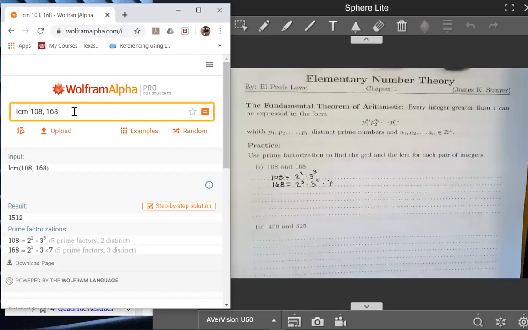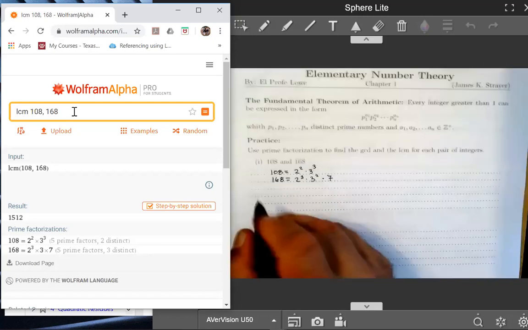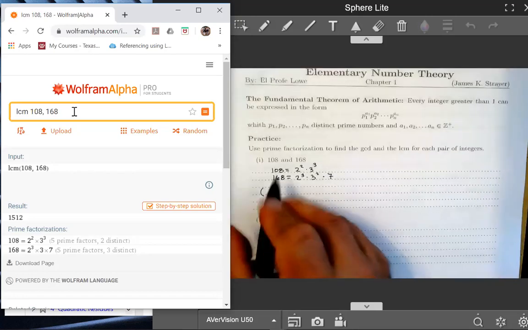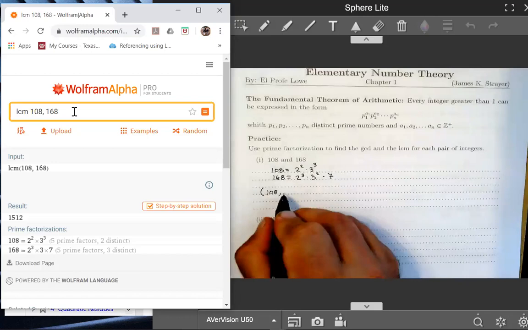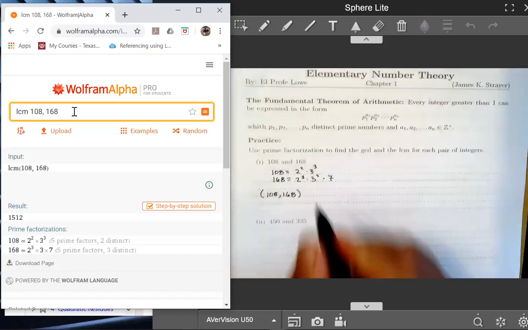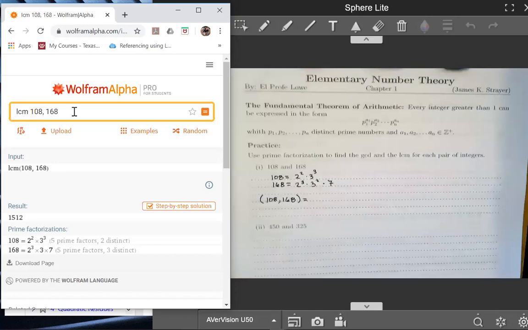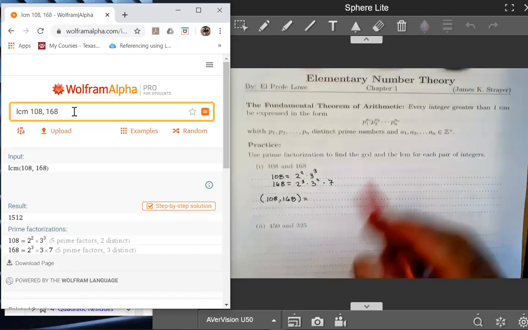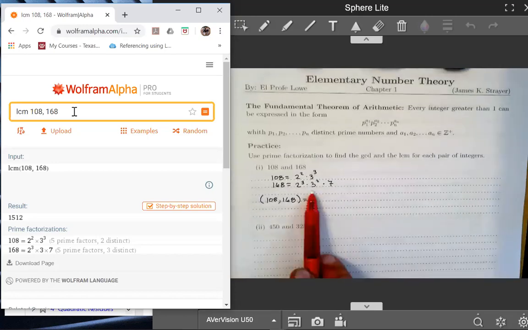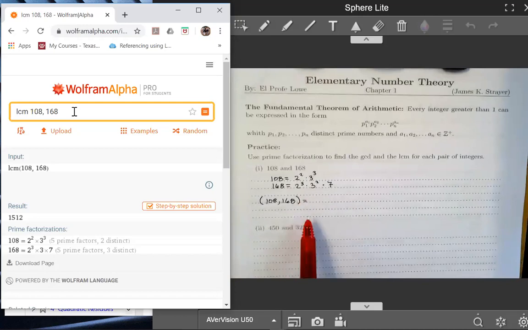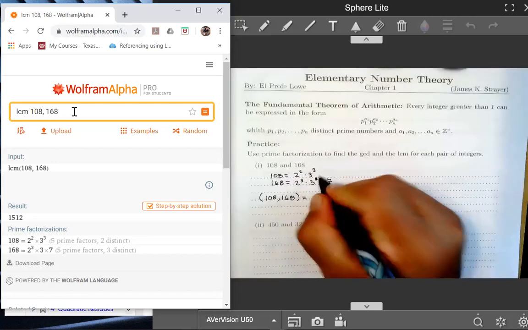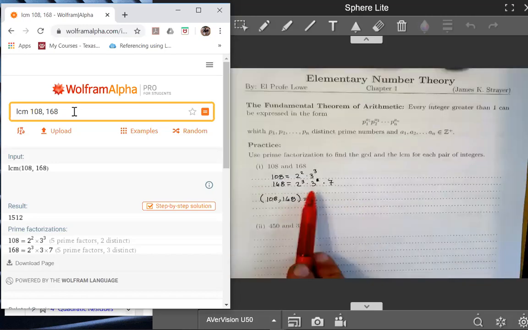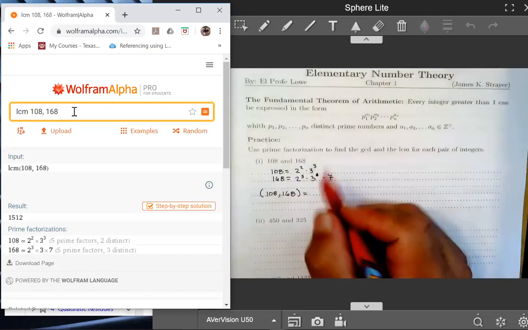Okay? Now, if I'm going to find my greatest common divisor, let's do that first, right? I am going to search for the items that are similar here, these prime factors that are similar, and select the one with the least.